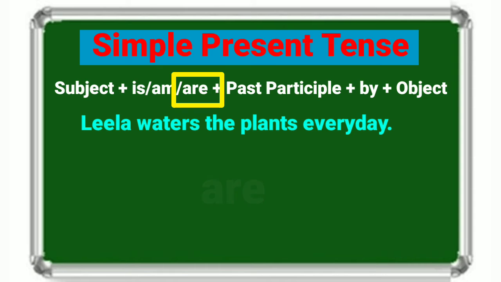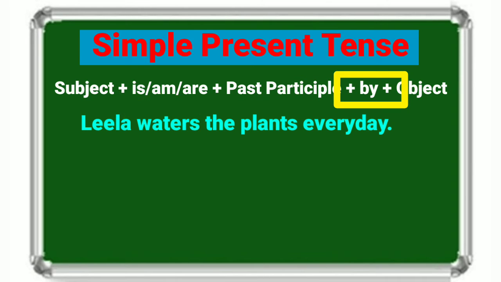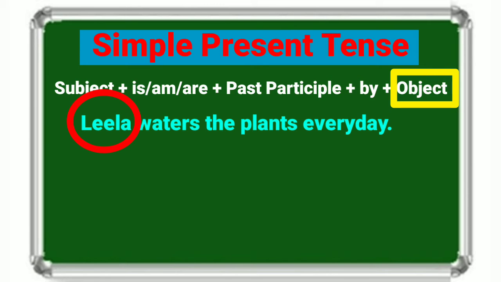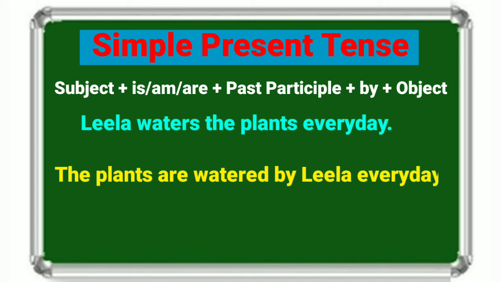The past participle form of water is watered, and then preposition by, which is followed by the object Leela every day. So now the sentence here will be the plants are watered by Leela every day.